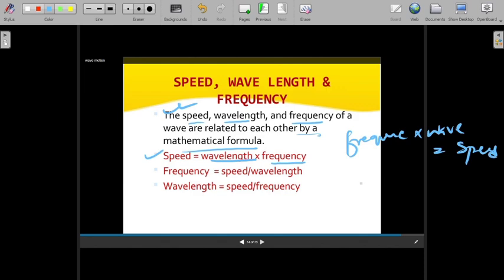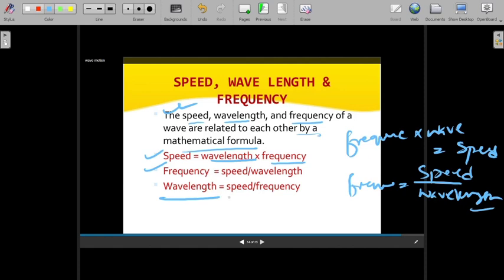From there, frequency is speed divided by wavelength. And wavelength can be written by interchanging them: speed divided by frequency.